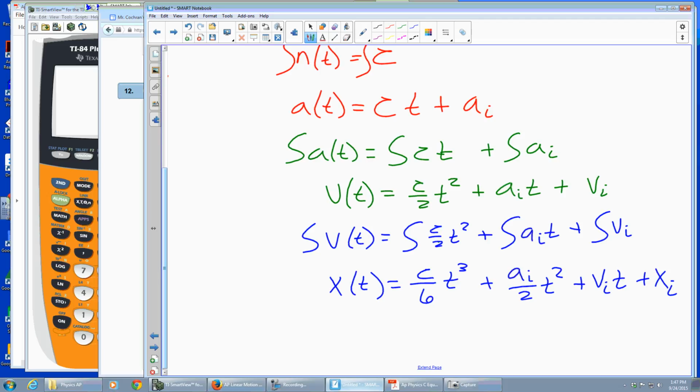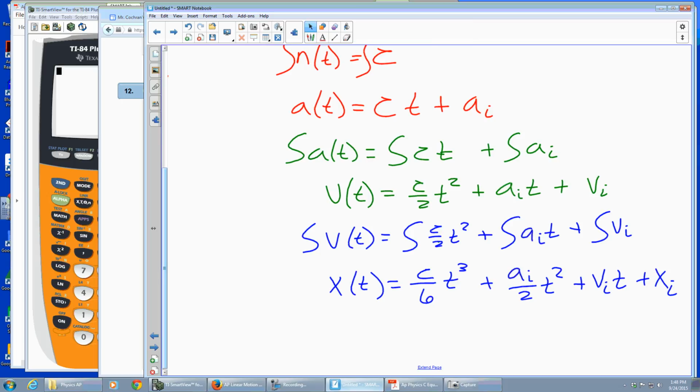And if you didn't have that jerk in there, that looks like 1/2 A T squared plus V initial T plus X initial. And for constant acceleration, that is it. But when you have a jerk in there, you add in that extra term because you have the changing acceleration.